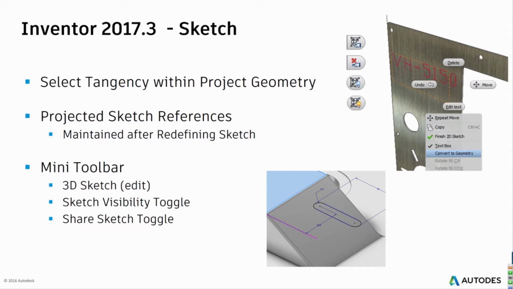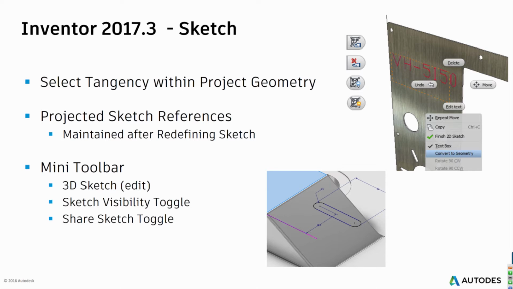You might create a sketch or a shape on one face of your model, a reference plane, and later on during the design you really find it needs to be either referenced back to a different sketch plane or model face, and it becomes an issue where as you redefine it, you have some challenges with some of the projected and reference geometry. We've really done a lot of work on building the robustness in that area, so as projections change, you are able to maintain all of those references while you redefine the sketch plane.